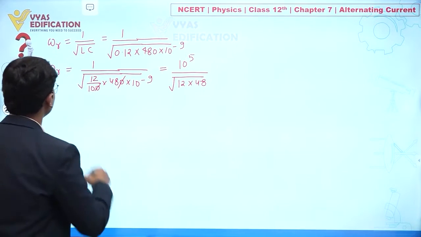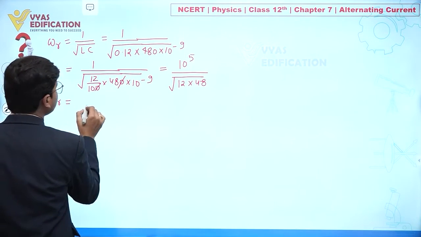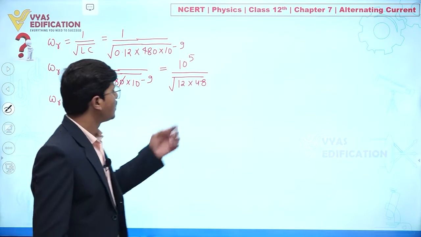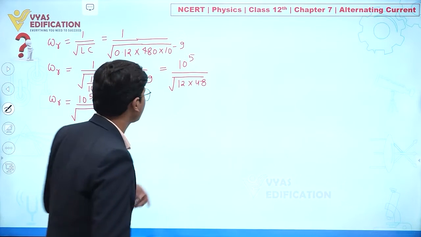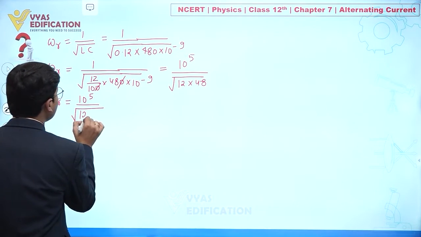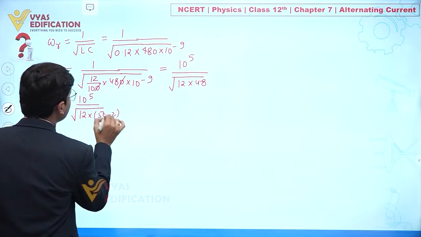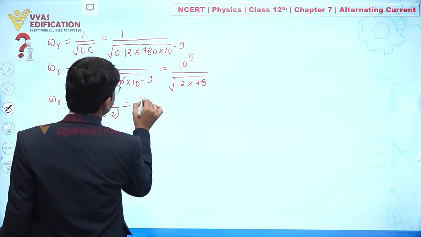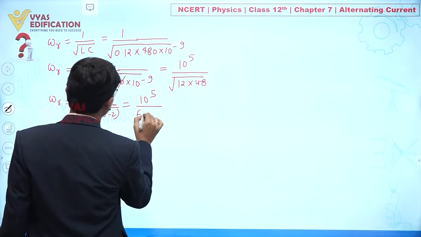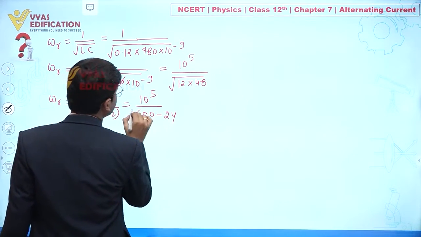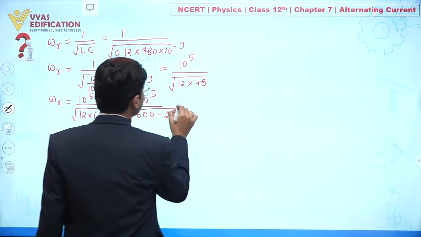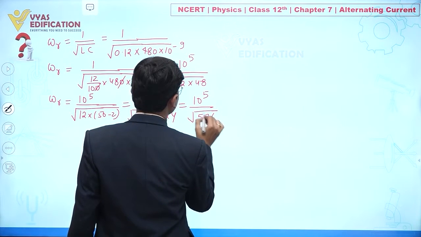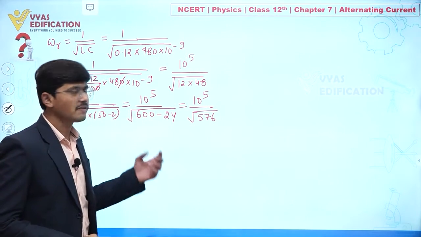Multiplying 12 by 48, we write 12 times 50 minus 2, which is 600 minus 24, so 10 to the power 5 divided by under root of 576.